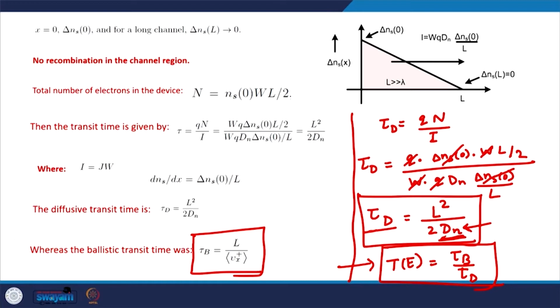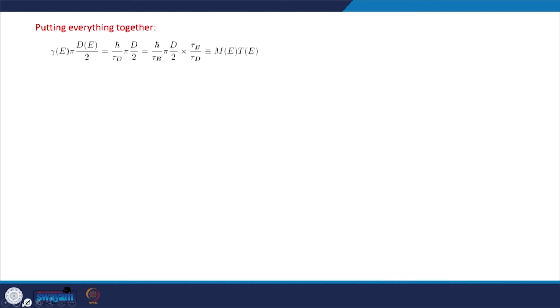Now, if we put everything there in the expression for Te, what we see is that Te, which is equal to tau b divided by tau d, where tau b is L divided by average velocity in x direction, divided by tau d, which is L square divided by 2 dn.